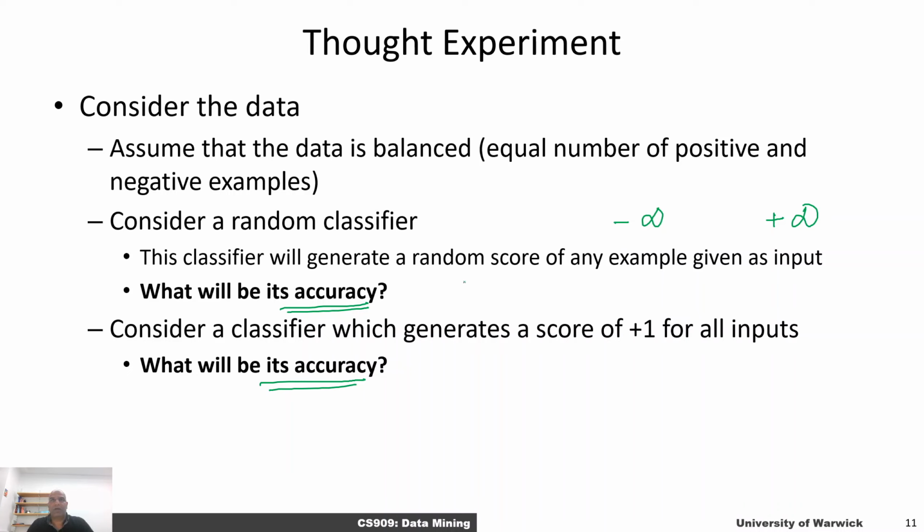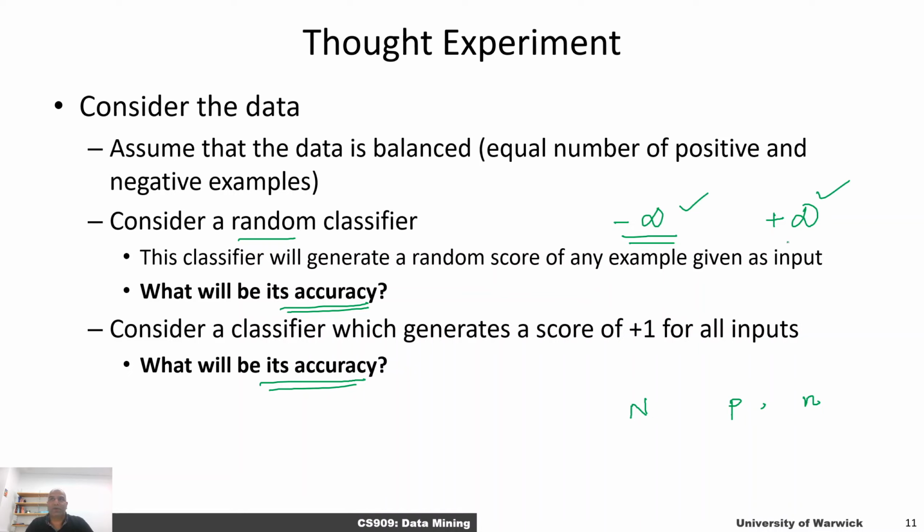So if you have a data set that has n examples in it, and out of these n examples, p is the number of positive examples and n is the number of negative examples. And for each of those examples, the classifier you have is a purely random classifier. So it spits out random numbers within the range of, let's say, -infinity to +infinity.